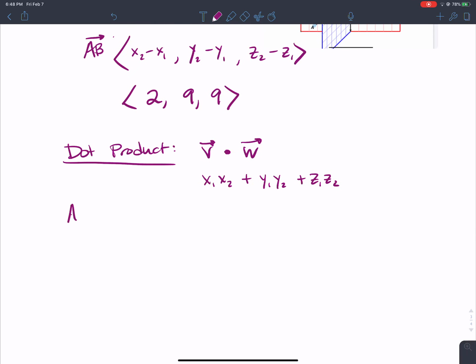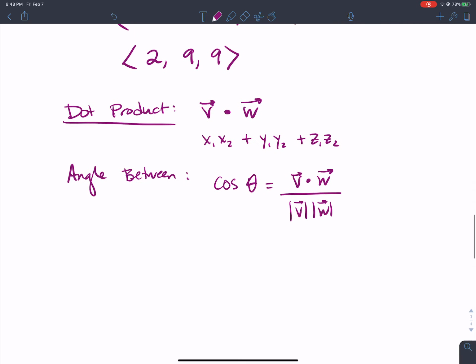If we're finding an angle between 2 vectors, it's going to be cosine equals dot product over the magnitudes. And you might be saying, Mrs. Fisher, how do we find the magnitudes? Great question. Glad you asked. Magnitudes.